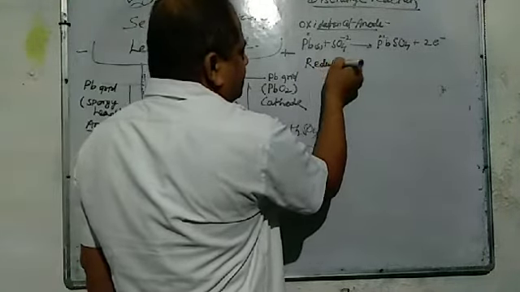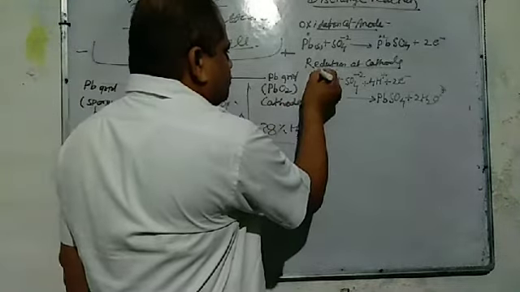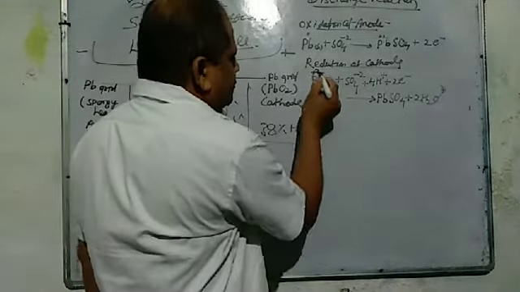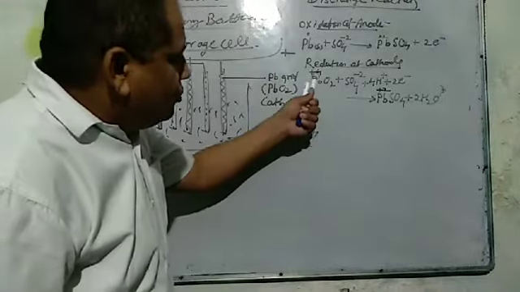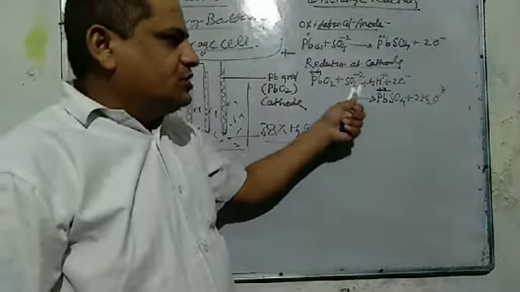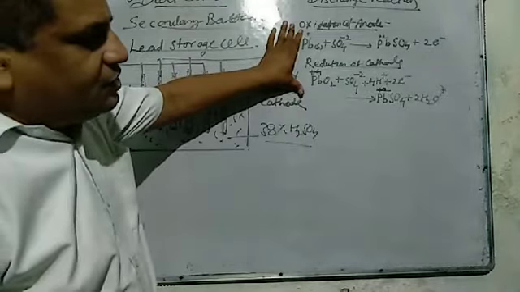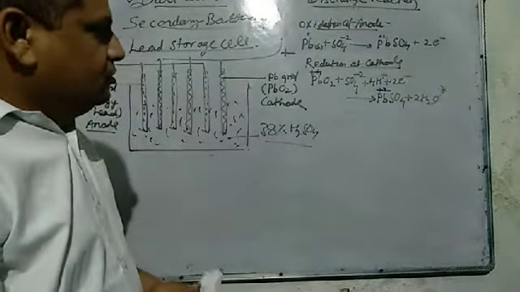Here Pb is in +4 oxidation state, and here in +2 oxidation state. So Pb4+ is being reduced into Pb2+. In this way, reduction reaction occurs. So these are the reactions, oxidation and reduction, during the discharging of the cell.